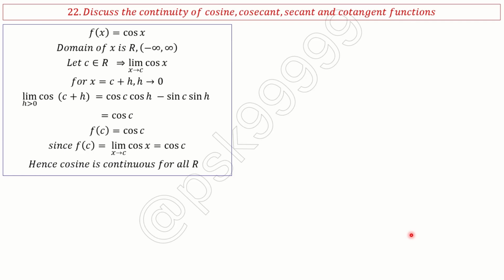If you substitute h equal to 0, what is it that you will be left with? Only cos c. So f of c equal to cos c, correct? So f of c is equal to limit x tends to c of cos x, which is equal to cos c. All are same. So cosine is continuous for all real values.